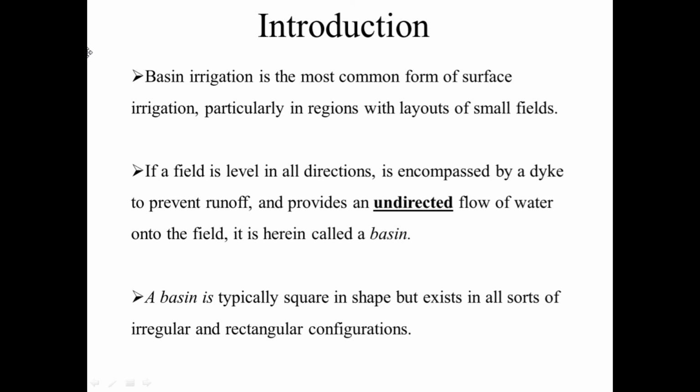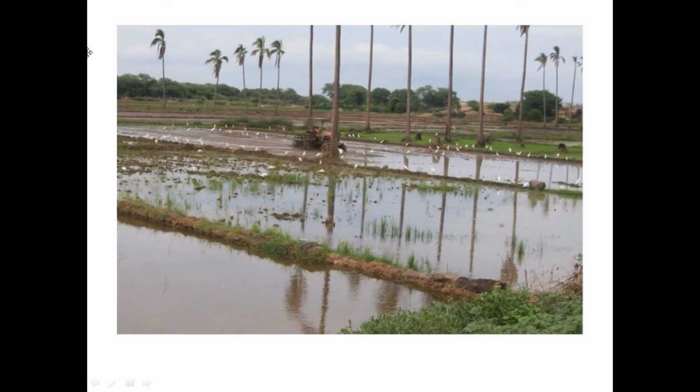If the field level in all directions is encompassed by a dike to prevent runoff and provide an undirected flow of water onto the field, it is called a basin. A basin is typically square in shape but exists in irregular and rectangular configurations as well.